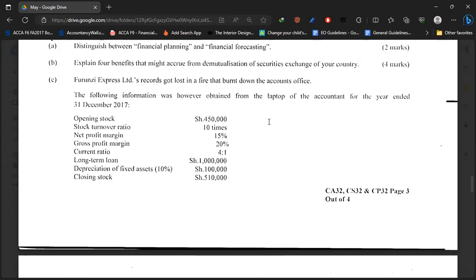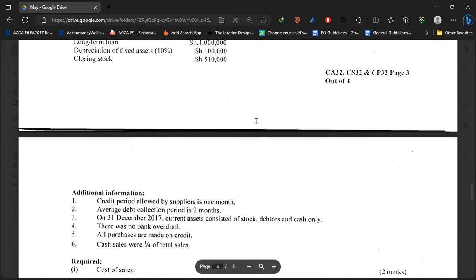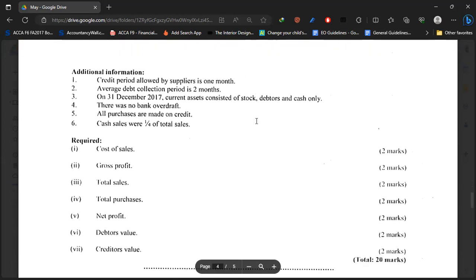Stock turnover ratio 10 times. Net profit margin 15%. Gross profit margin 20%. Current ratio is 4:1. Long-term loan 1 million. Depreciation on fixed assets rated 10% at 100,000. Closing stock 510,000.